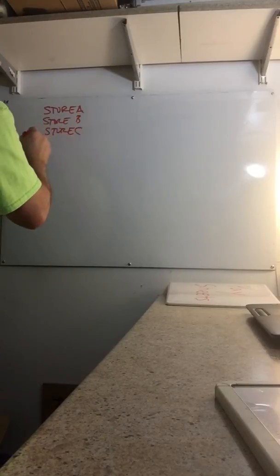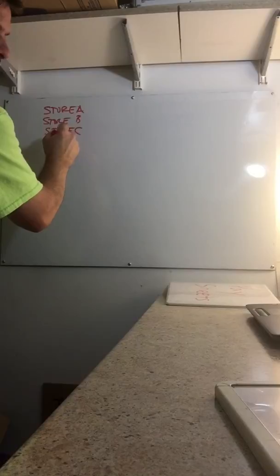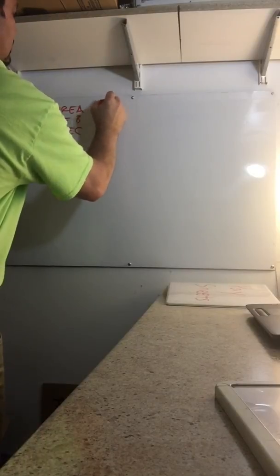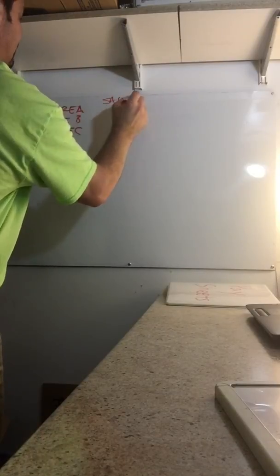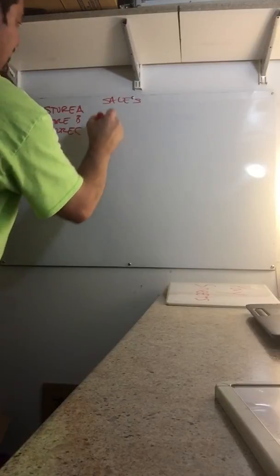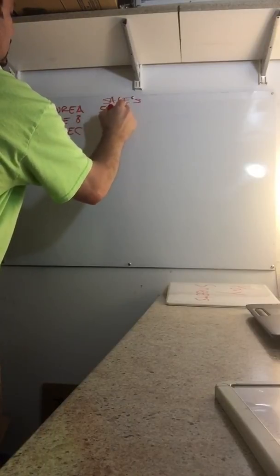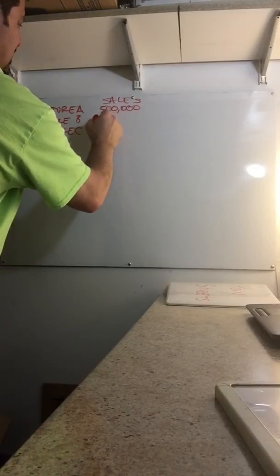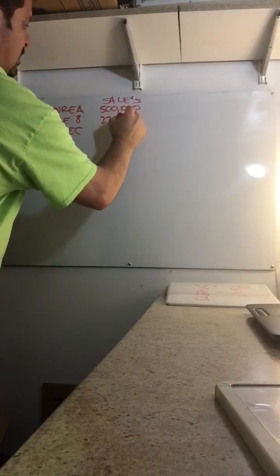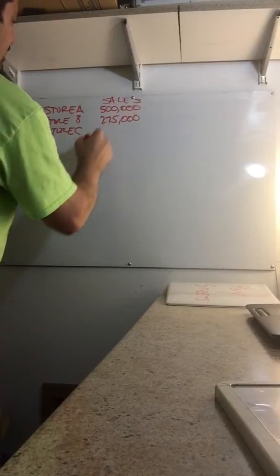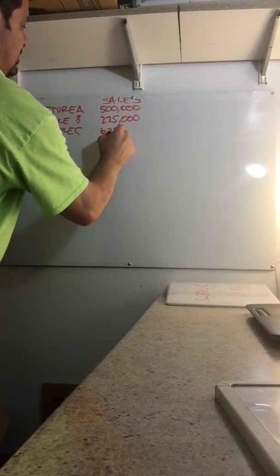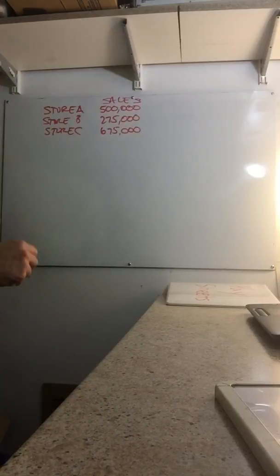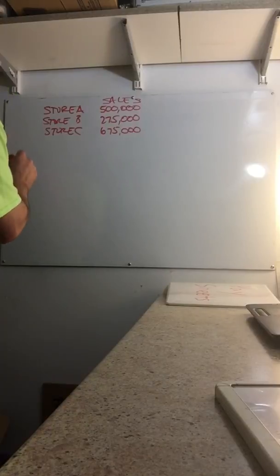Okay, so this store here has sales of $500,000. We're going to use the sales figures. So basically the size of the store, how well the store sells things, is going to determine it, probably because the store is bigger. Anyway, we're going to use sales to divide up $96,000.